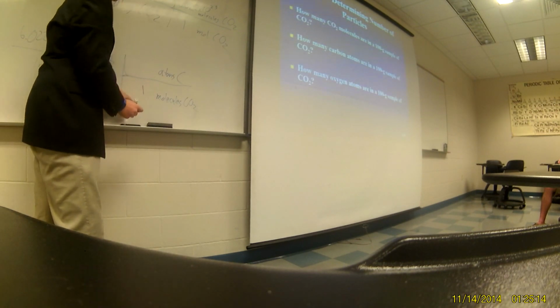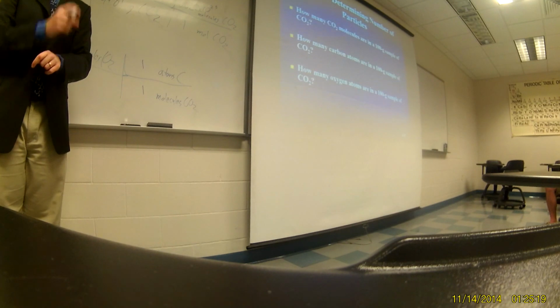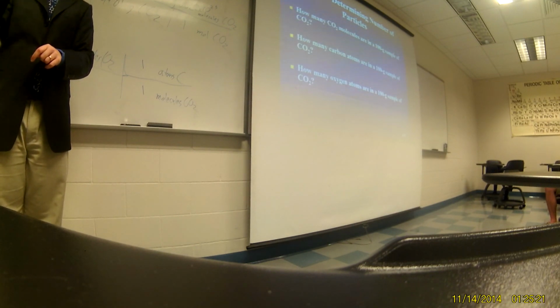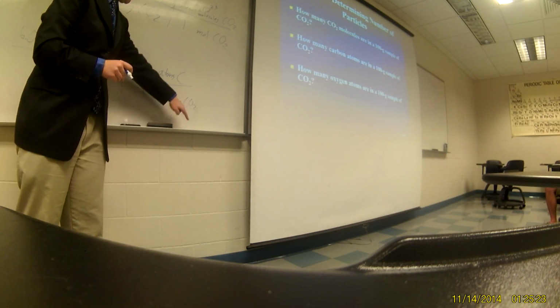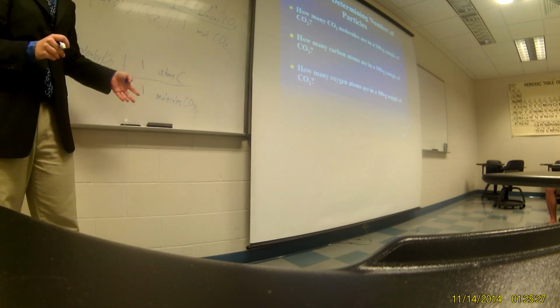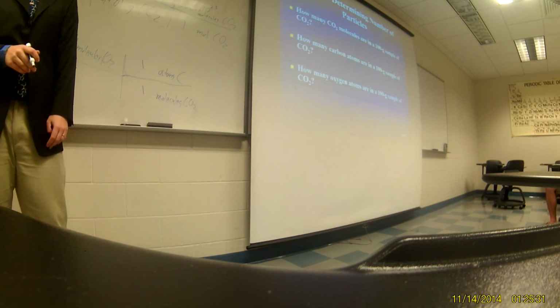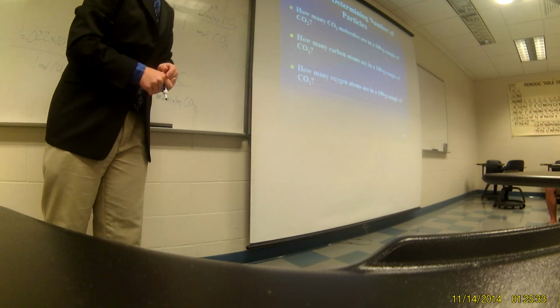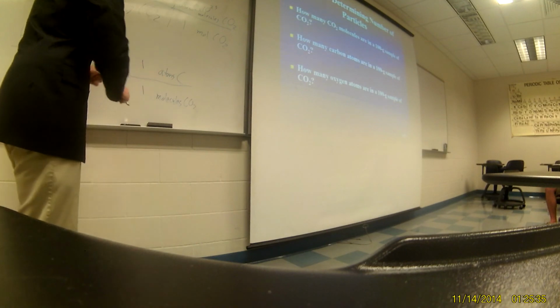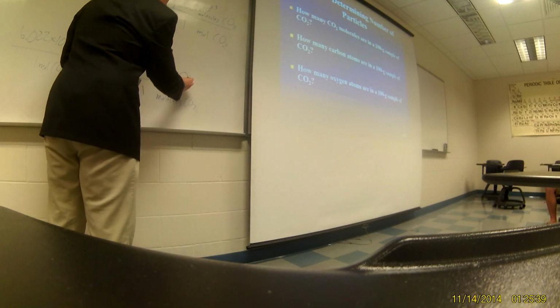Every 1 molecule of carbon dioxide has 1 atom of carbon, because it's CO2. There's only 1 carbon here. And so that's not going to change my answer at all, because I multiply by 1, I divide by 1, nothing happens. What about the oxygen, though? There's 2 atoms of oxygen for 1 CO2 molecule.